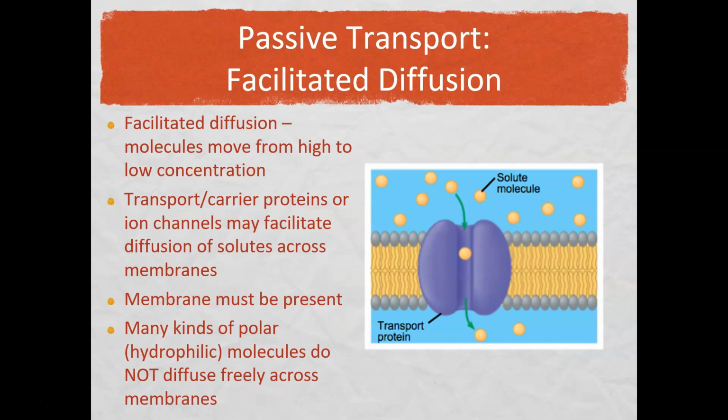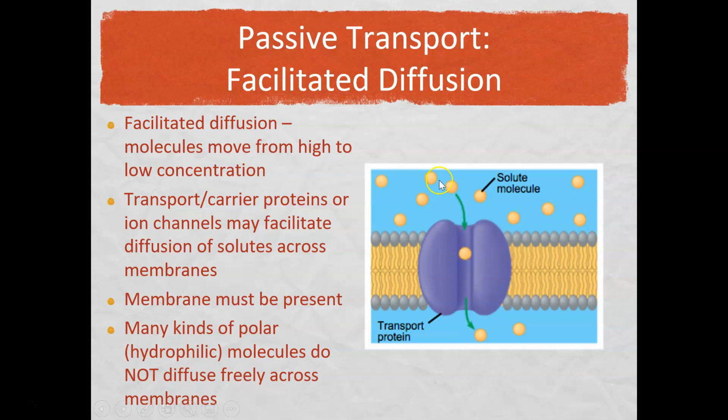So anything that's hydrophilic, anything that's polar, what can I do about it? Well, now I can work with these transport proteins. So remember that these proteins allow me to have a hydrophilic environment in here so that they can interact with anything polar.